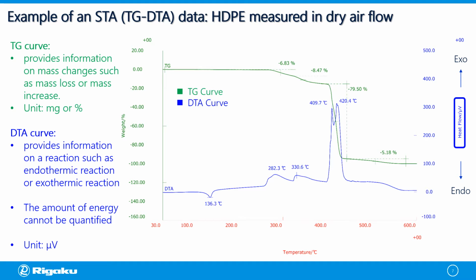Then from 250 degrees centigrade, we can see several exothermic reactions associated with mass losses due to combustion. The TG curve provides information on mass loss or mass increase, while the DTA curve reveals a type of reaction such as endothermic reaction or exothermic reaction. However, with the DTA, the amount of energy in a reaction cannot be quantified.